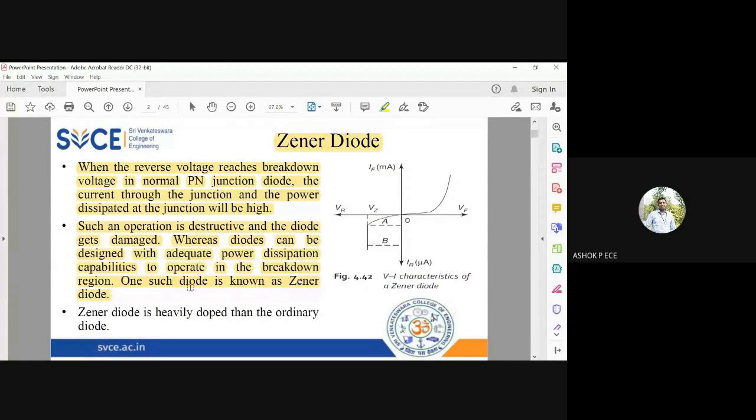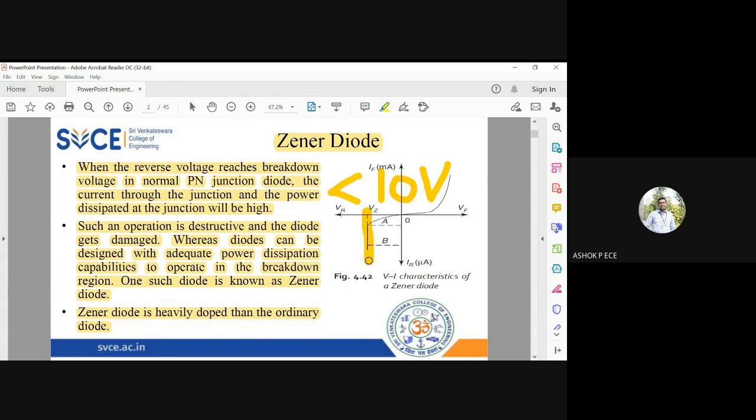A Zener diode is a much more heavily doped diode than a conventional PN junction diode. And because of this very heavy doping, what is the advantage? The breakdown voltage will be less than 10 volts. I can achieve breakdown at less than 10 volts, and even after breakdown happens, it does not affect your diode in any way. When breakdown happens, a constant voltage is set up across the diode.